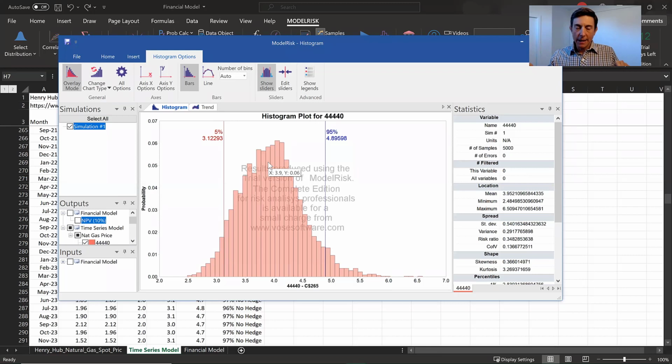I have a log normal distribution as a result of doing the time series analysis. At each moment in time, there is a probability distribution. So that's the deliverable from traditional Monte-Carlo. It is not a single point, but a probability distribution with a range, so that the decision maker can make that decision of whether or not to hedge.